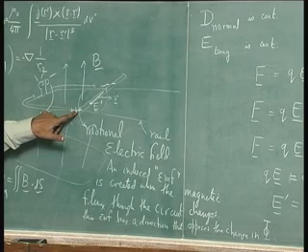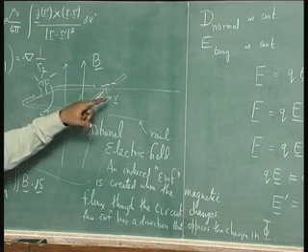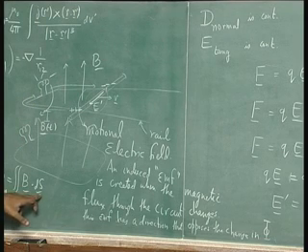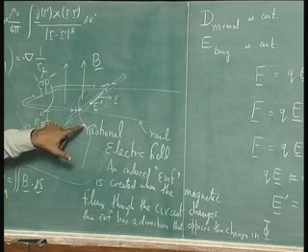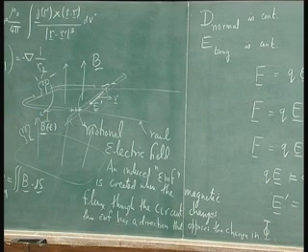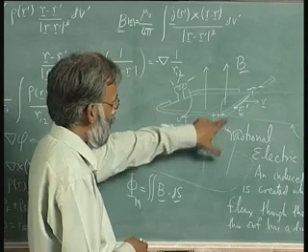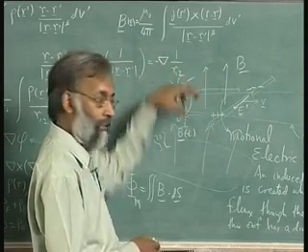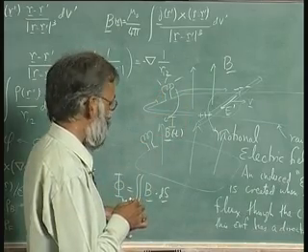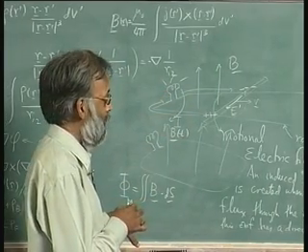Now if you look at the flux, it is increasing because the velocity is in this direction, B dot ds integrated is increasing. But if you take into account this magnetic field as well, B is reducing. Area is increasing, B is reducing. So the direction of the current is that direction which is tending to reduce the change in magnetic flux.